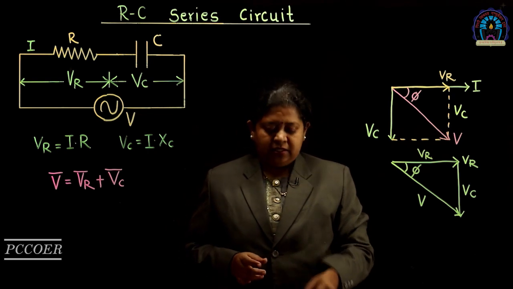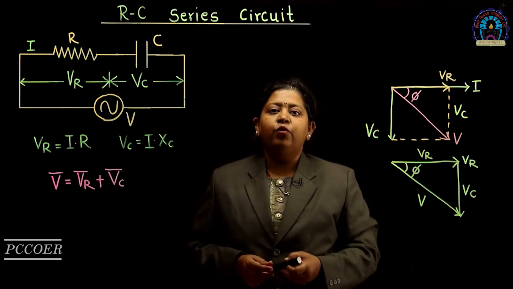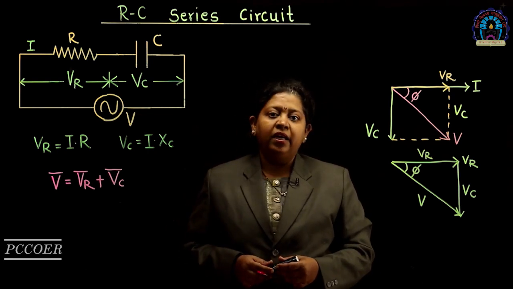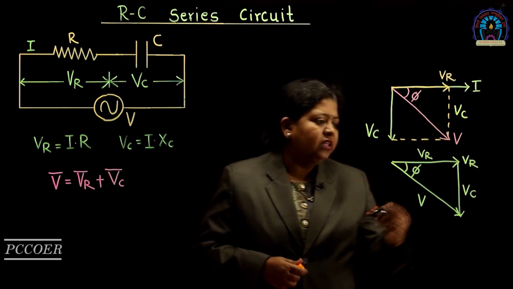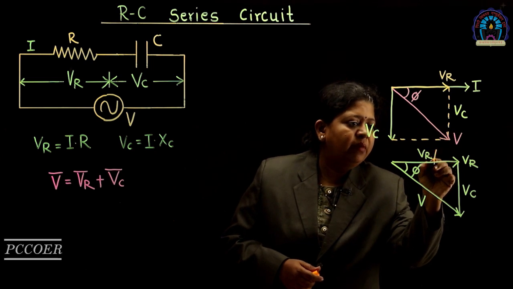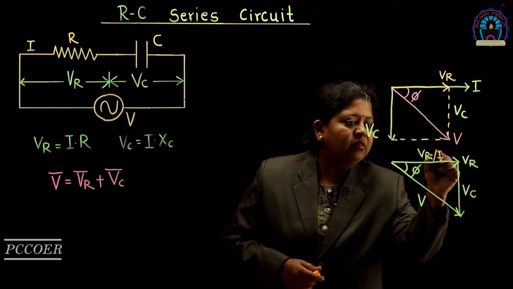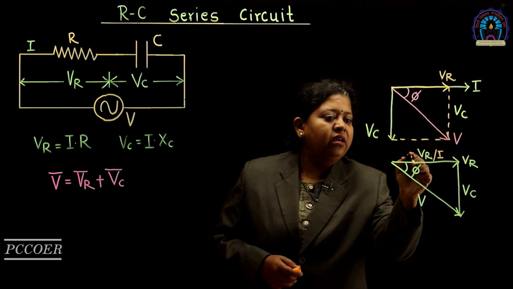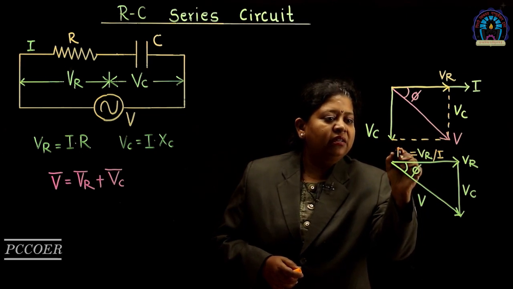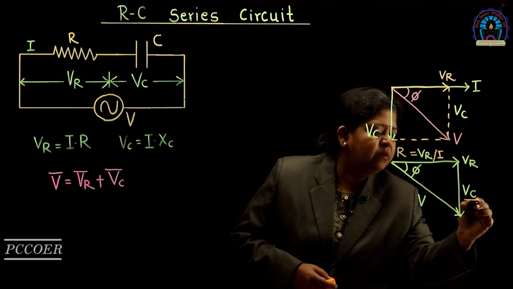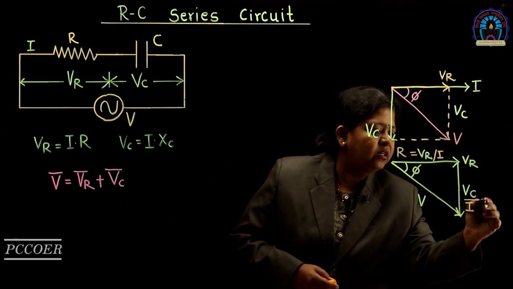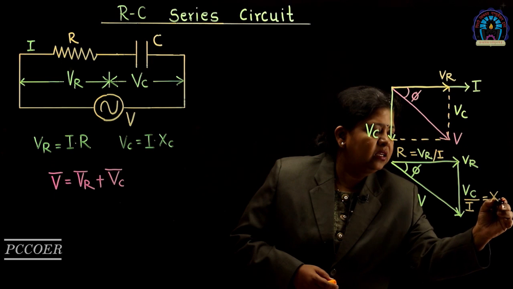If we divide all the sides of this voltage triangle by current, we get a similar triangle. Let us divide each side by current I. If we divide VR by I, we get resistance R. If we divide Vc by I, we get Xc.